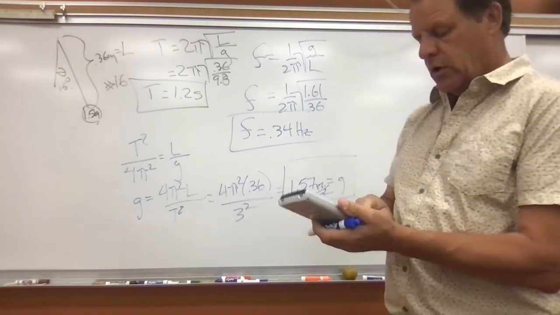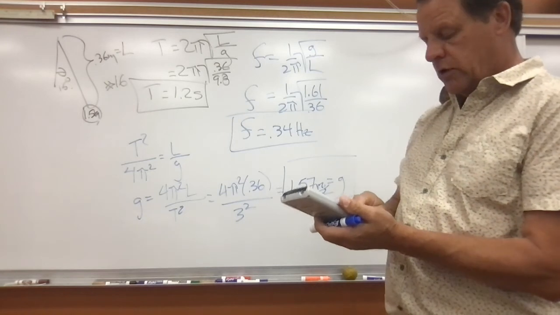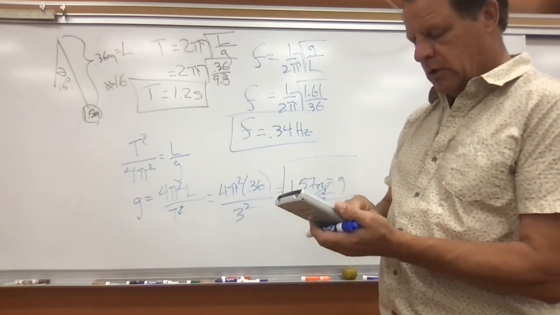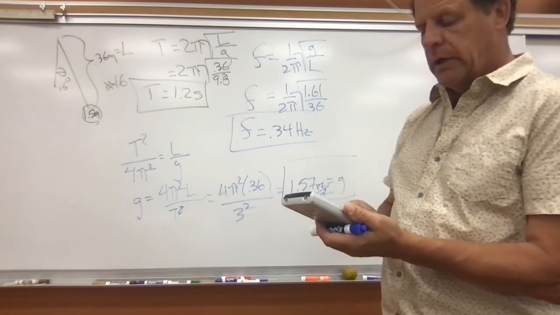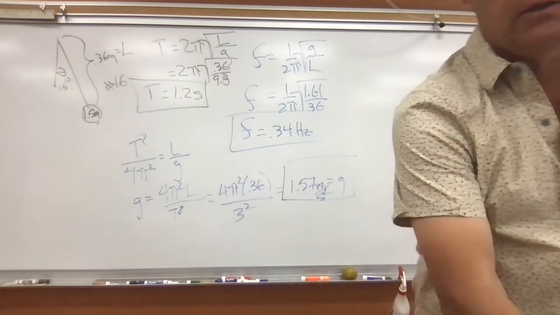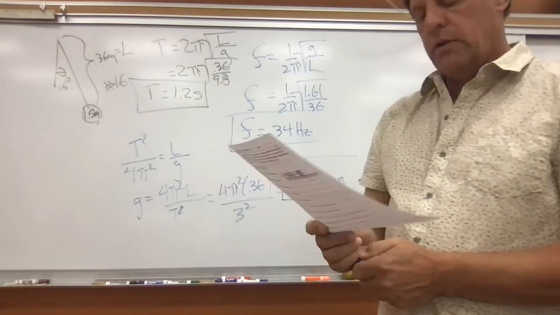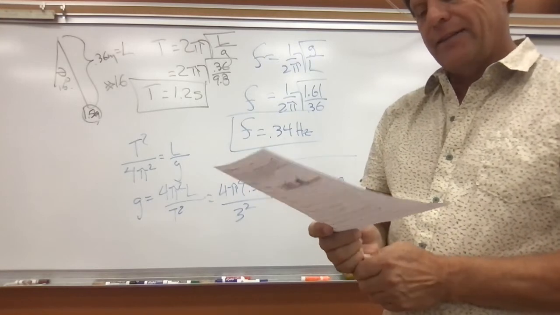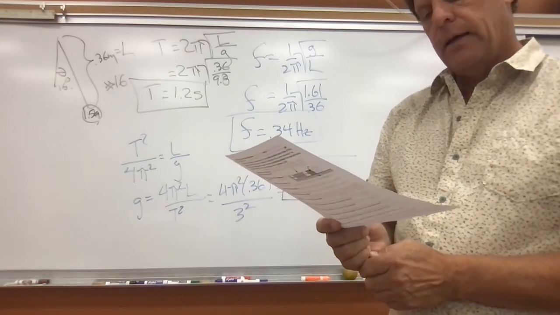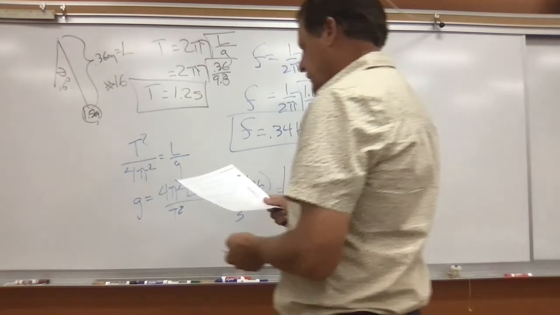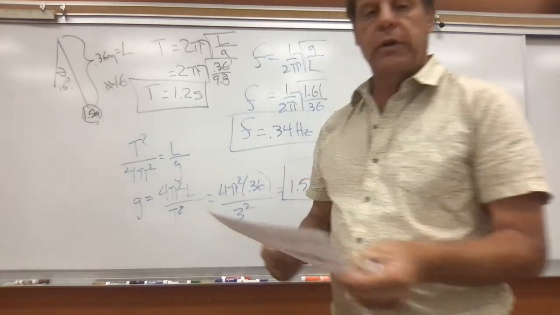Okay, so we would have 1.2 times the square root of 2, which would be 1.7, okay? So the answer for problem 21 is going to be 1.7 seconds. All right, so that is problem 21.